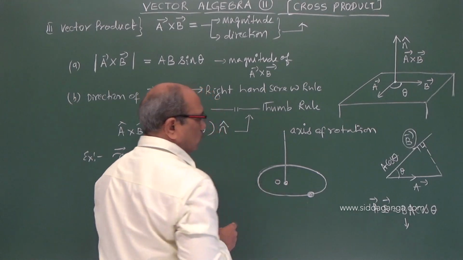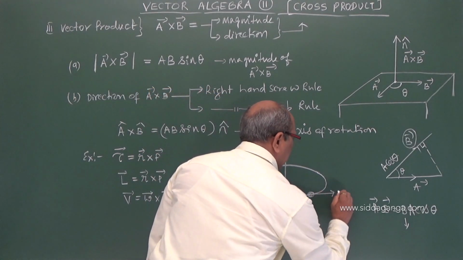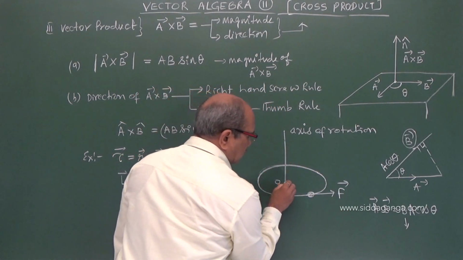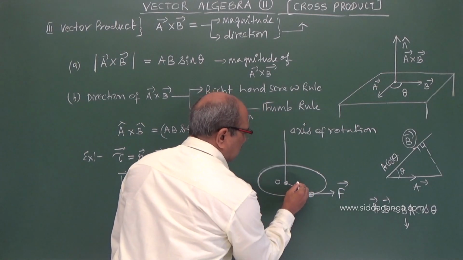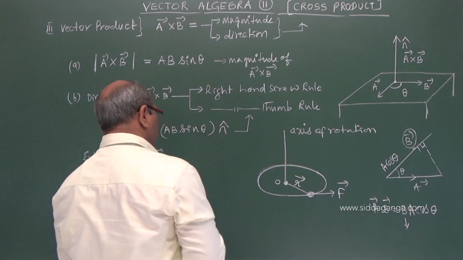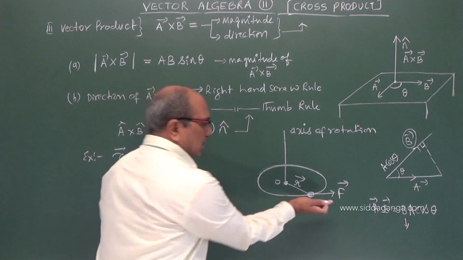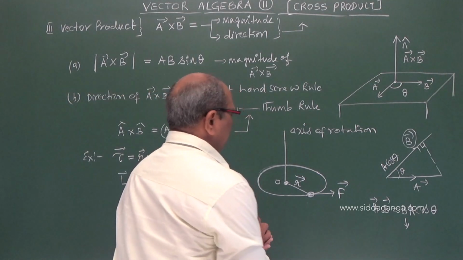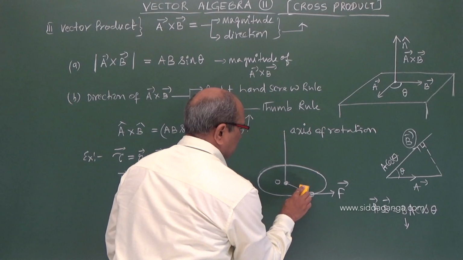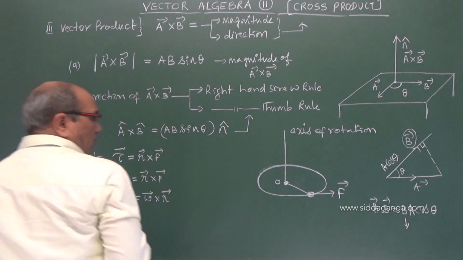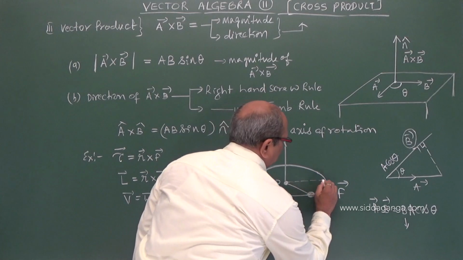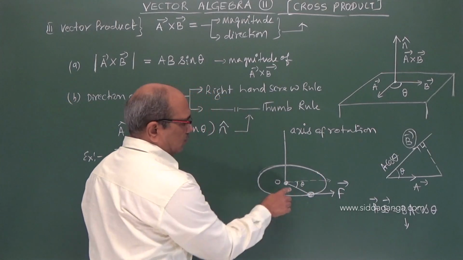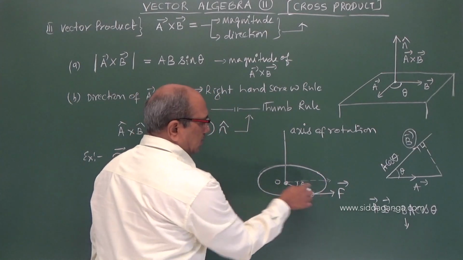Now this is the point O. The force is acting tangentially outward, tangent to the circle, and the distance of the point is R. If I shift F and write it here, the angle found between them is theta, because I joined tail to tail. This tail I brought here.